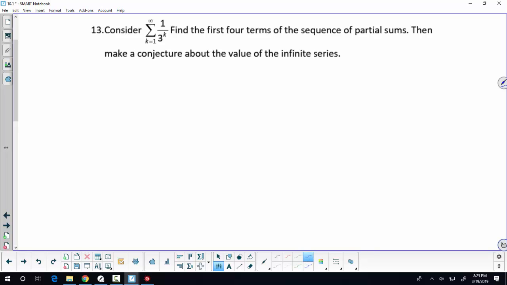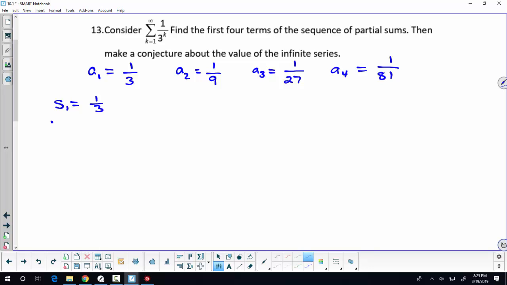All right, so we first find the first 4 terms, and then we add those together. Okay, start with k equals 1: it's 1 over 3, 1 over 3 squared, 1 over 3 cubed, and 1 over 3 to the 4th. So S sub 1 is a third, S sub 2 is a third plus a ninth.